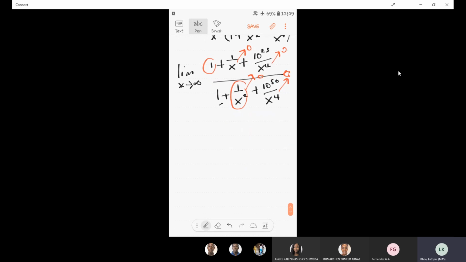So what I have is 1. So here I should just say this is equal to, you can write this on the same line, 1 over 1, and this is equal to 1. Okay, all the other terms in the numerator go to 0. So when x is getting bigger and bigger, I will be left with 1 over 1, which is just equal to 1.